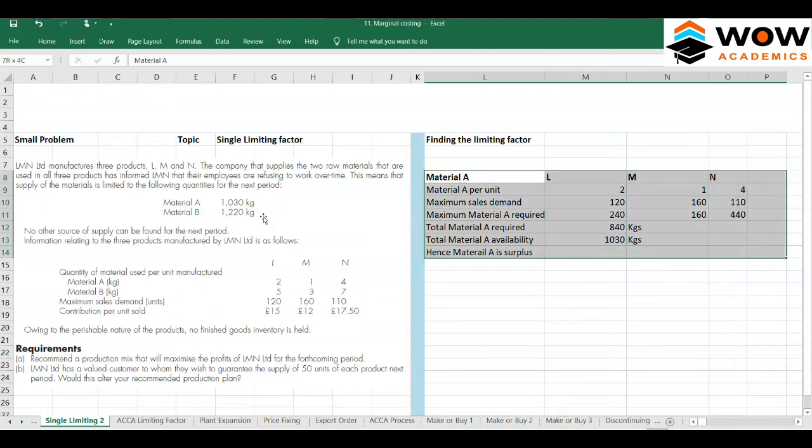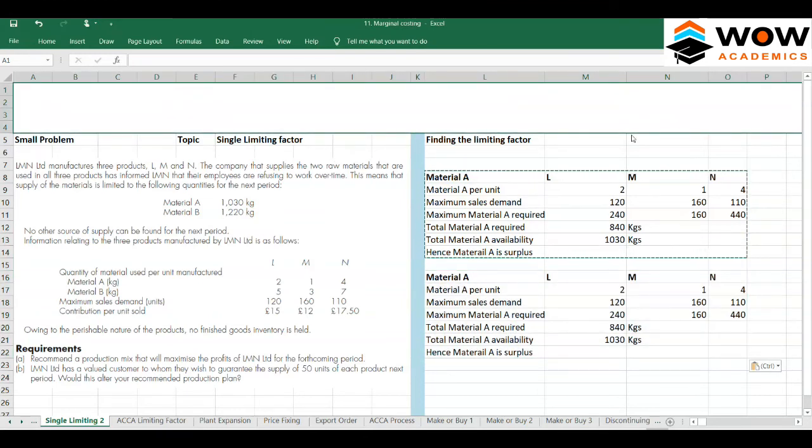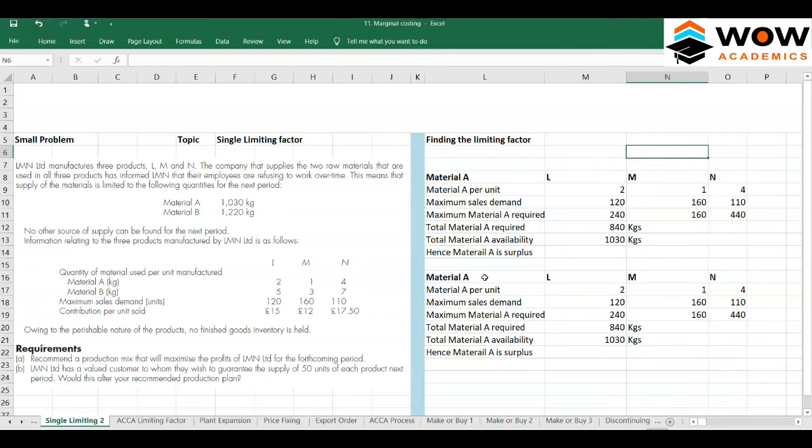We have to work out the same for material B. First we'll convert everything into B. Material B required per unit is 5, 3 and 7, and the maximum sales demand is the same.